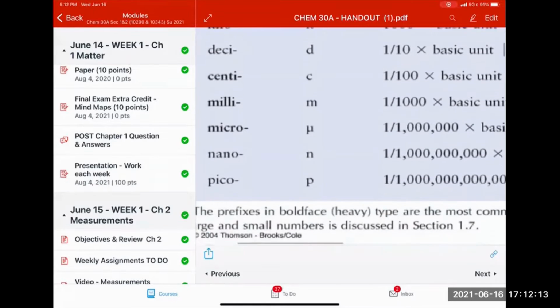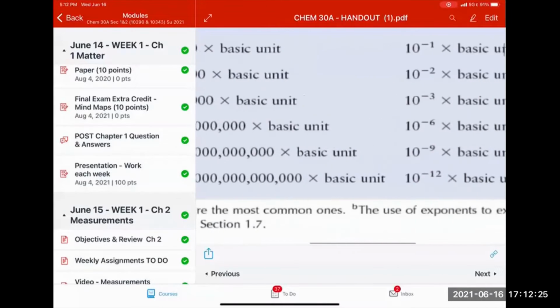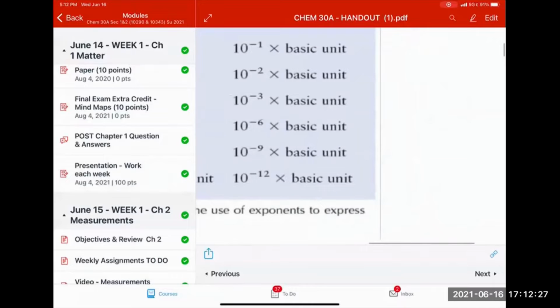Okay, deci, again, 1/10 of the base unit, centi, 1/100th of the base unit. And so these are all fractional units. Milli is 1/1000th, and micro is similar. If you look at it here, the fractional units will have a negative exponent, like 10 to the power -1, 10 to the power -2, 10 to the power -3. This means these are smaller numbers.